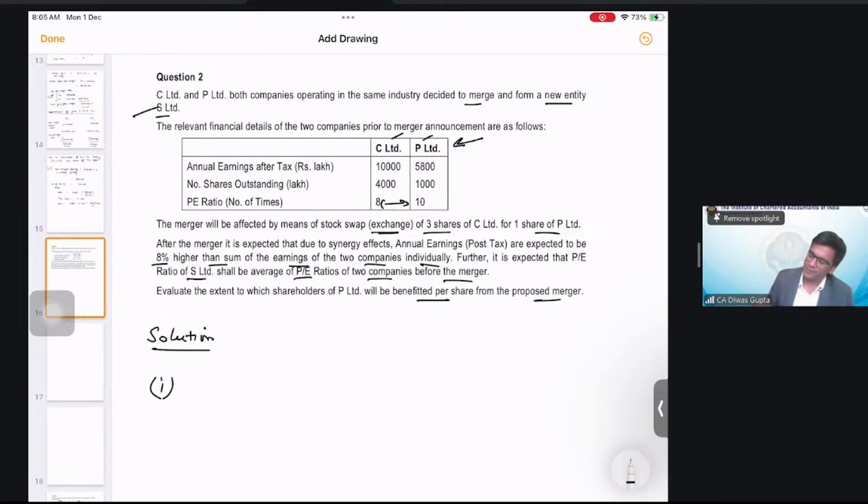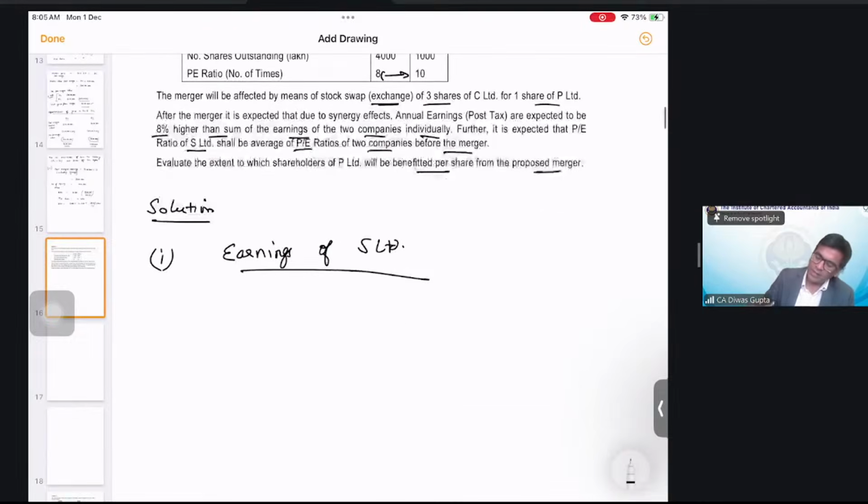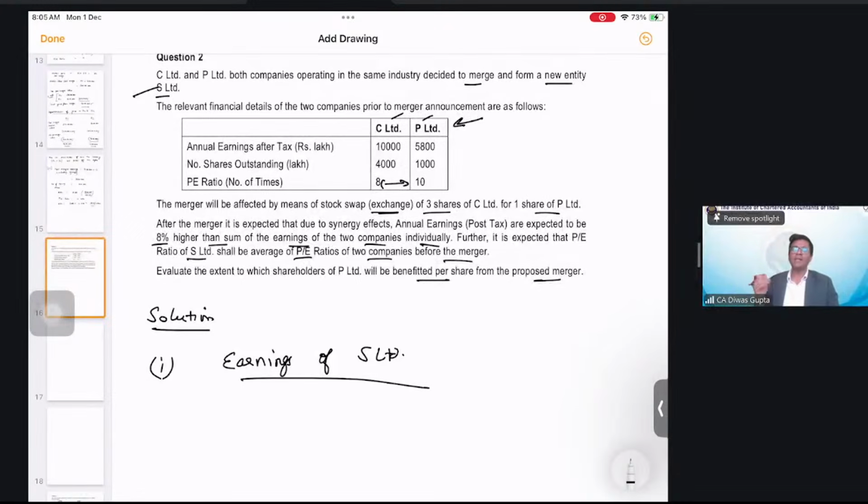So the first part: what are the earnings of the new company, S Limited? This is the new company. So their earnings will be the total of C Limited and P Limited and the synergy value.